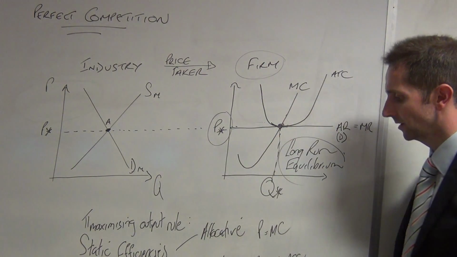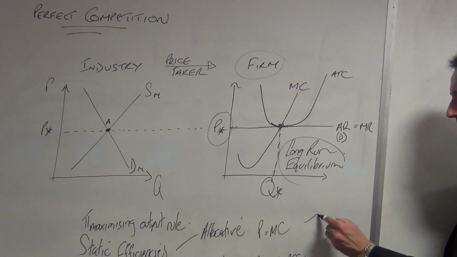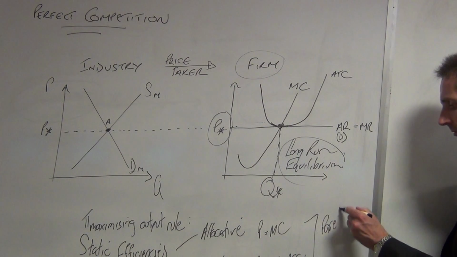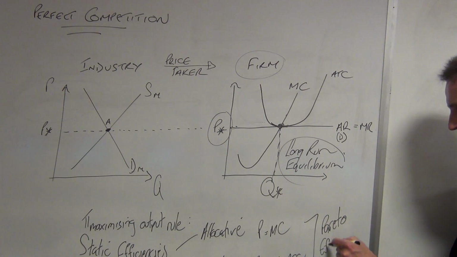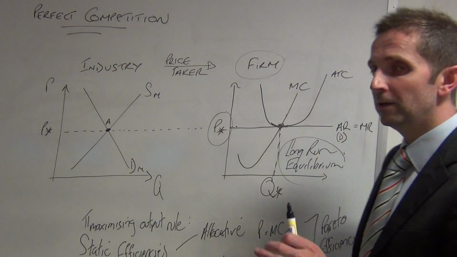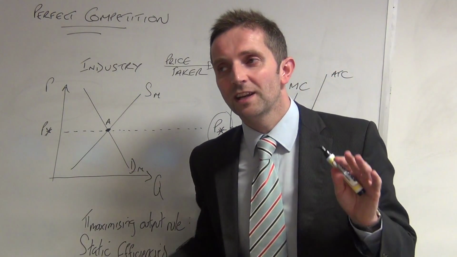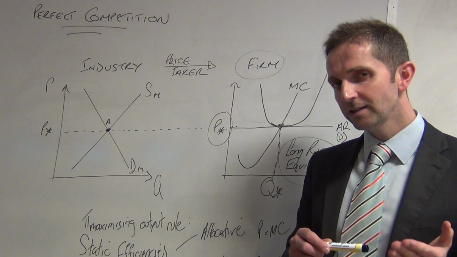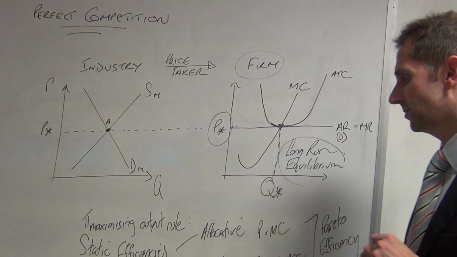P equals MC. And if you've got both of those types of efficiencies together, that is known as Pareto efficiency. And when we looked at our spectrum of competition, we said Pareto efficiency, that is where, in an ideal world, that is where we want to get to.